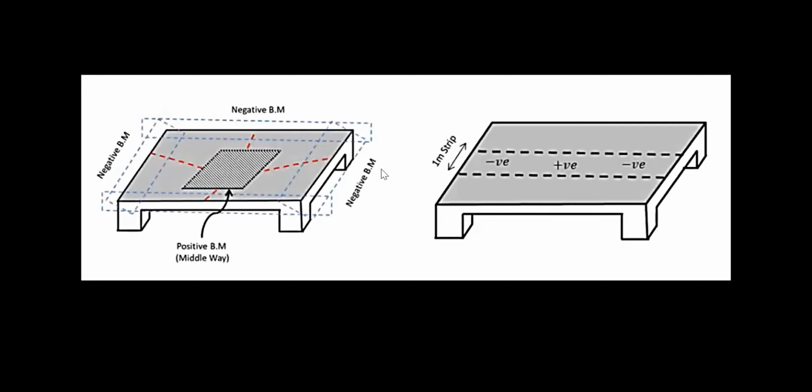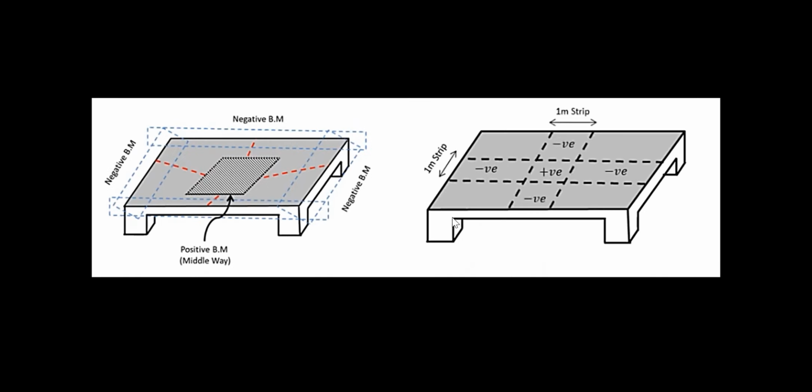So if I am taking a strip along this direction, then at the midspan I could see positive bending moment, and at the end span, that is at the supports, I could see the negative bending moment. Similarly, in the other direction also, I'll be having the positive bending moment at the midspan and negative along the edges, that is at the supports.